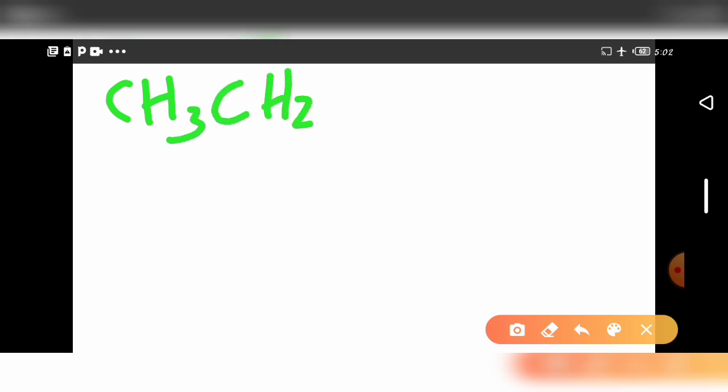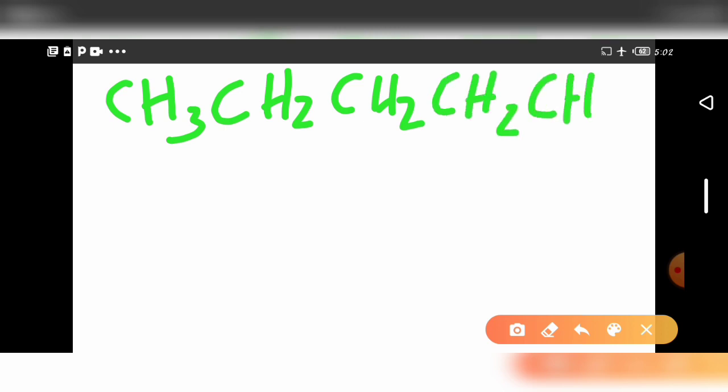Now take one example: CH3, CH2, CH2, CH2, CH3. This is a long chain, 1, 2, 3, 4, 5. Suppose the carbon is like this.